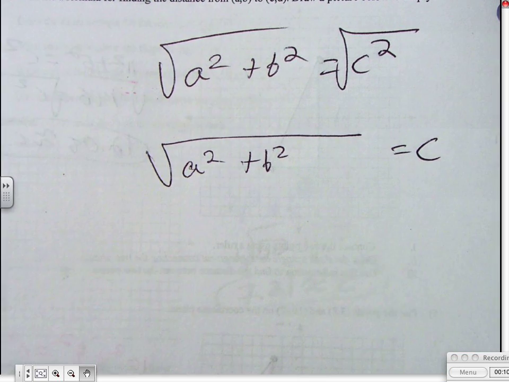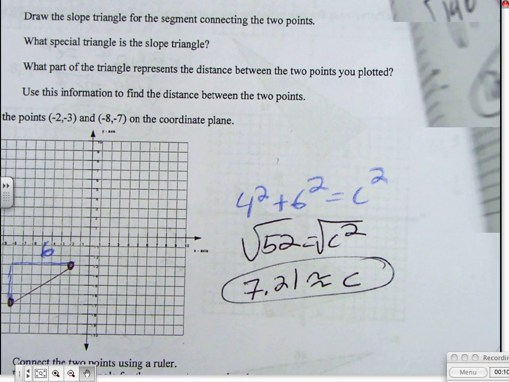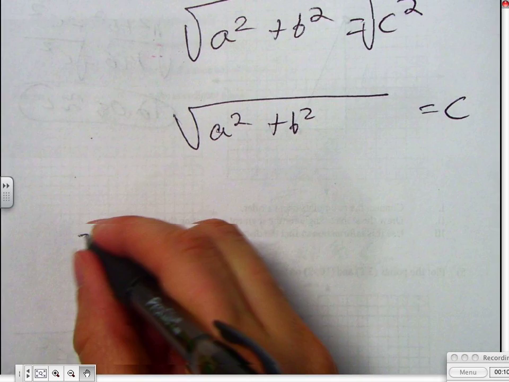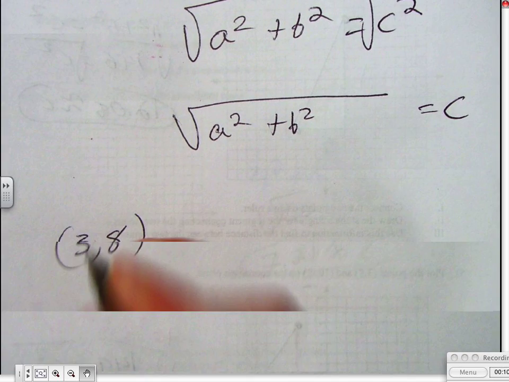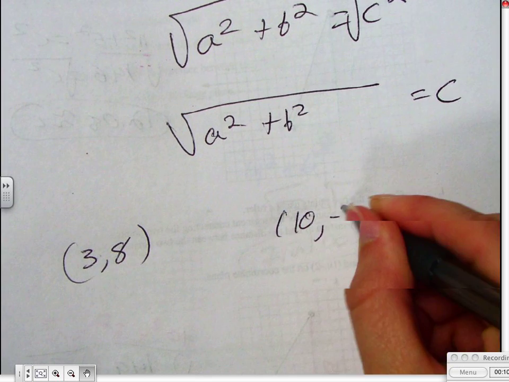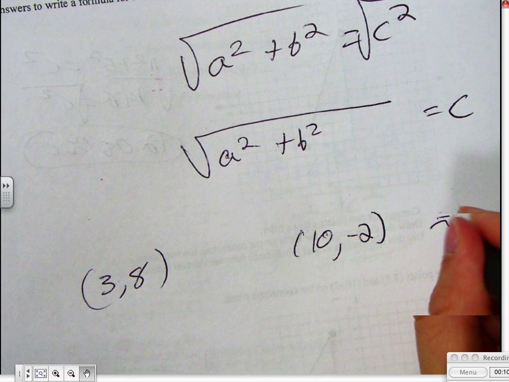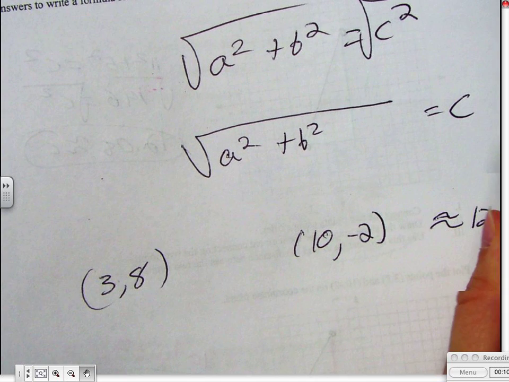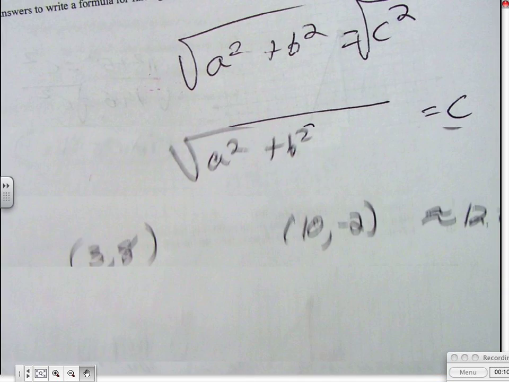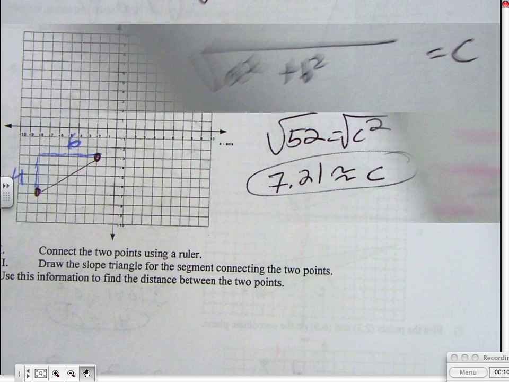But how did I get those numbers in the first place? For example, if we look at the last problem, we have 3, 8, 10, negative 2. And we're going to end up with approximately 12.21. Okay. So 10 to 3, we ended up with 7.